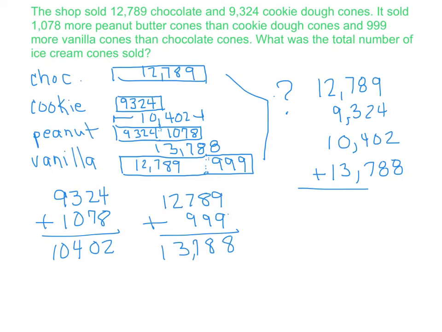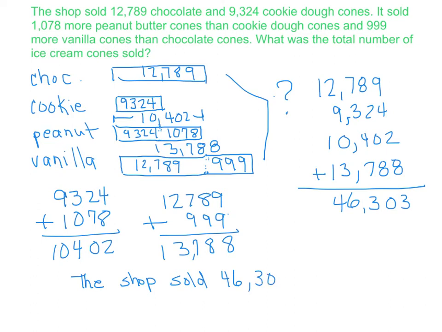Must be the most popular choice. And I end up with 46,303. So the shop sold 46,000. Wow. 303 cones in all.